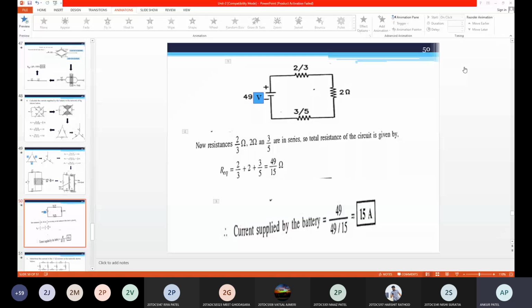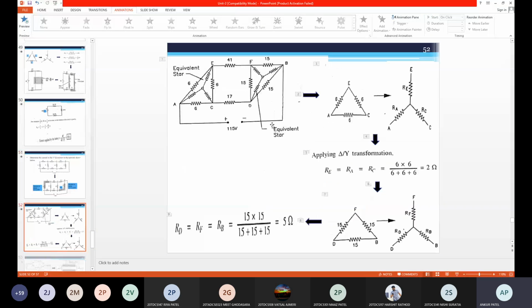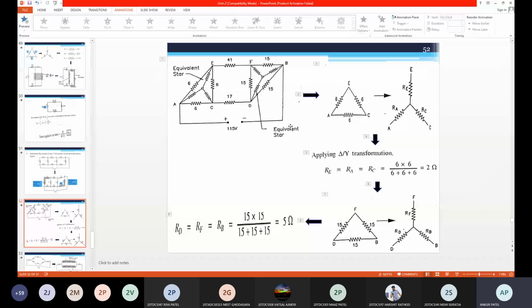We will solve more examples for star delta so we'll get the idea. I will also provide this PowerPoint presentation, so you can solve from your end, and you will get full marks in examinations by practicing these examples.